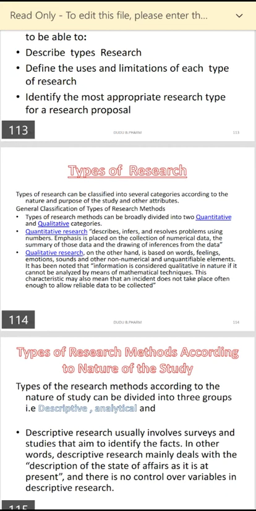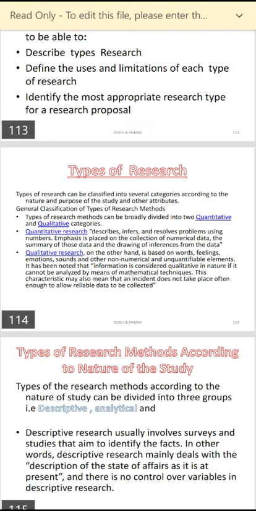So, types of research can be classified into several categories according to the nature and purpose of the study and the other attributes that we know. The nature of the study can categorize the research into types, or the purpose of the study can categorize the research into types, or other attributes.